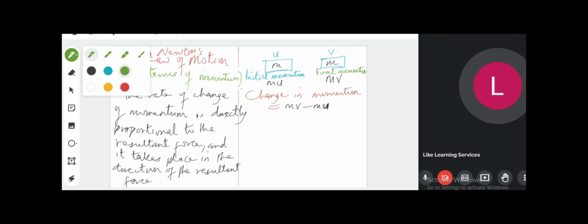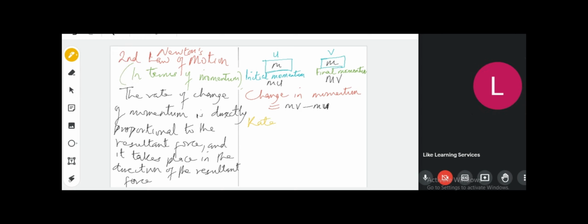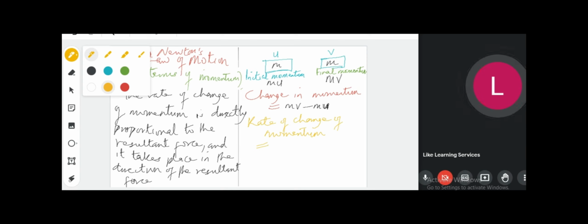Now, rate of change of momentum. When we talk about rate, we measure the quantity with respect to time.